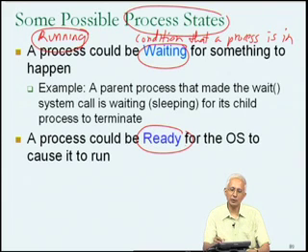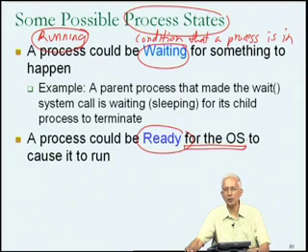And I am laying the blame at the door of the operating system, since currently we are talking about the different jobs an operating system does for processes, and we are actually talking about the job of sharing CPU time or managing processes, and therefore we understand that this is a responsibility of the operating system, not of the individual user program or of the user. So, in short, this is a possible third state, a state where a process is not waiting, it is not running, but it is essentially ready to be running, and it is just a question of the operating system allowing it or causing it to run.